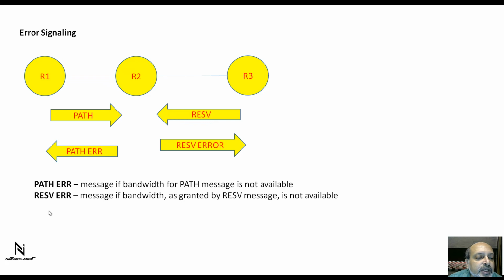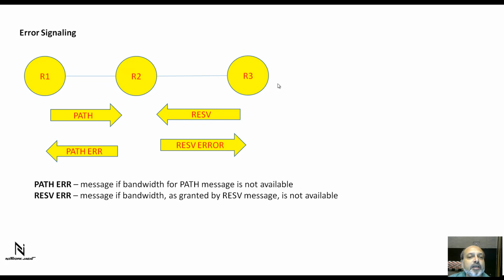And when a RESV error occurs, suppose R2 has developed a path with R3, and that path is a 50 Mbps path, right? Now suddenly R3 understands that on this side, maybe there is R4 or something like that, the bandwidth has gone down. The bandwidth is not a 50 Mbps path, right?